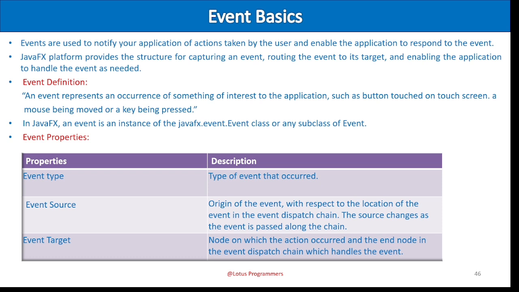That is called the event source object. Next, event target is the node on which the action occurred and the end node in the event dispatch chain which handles the event. That means the object which is appropriately handling the event is called the event target.